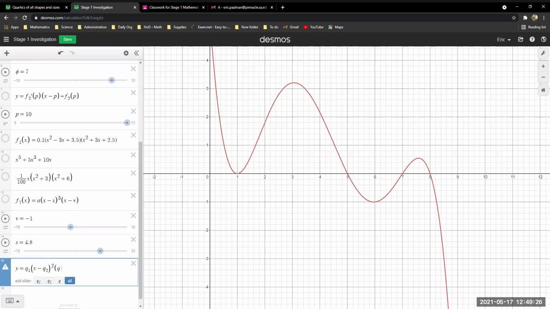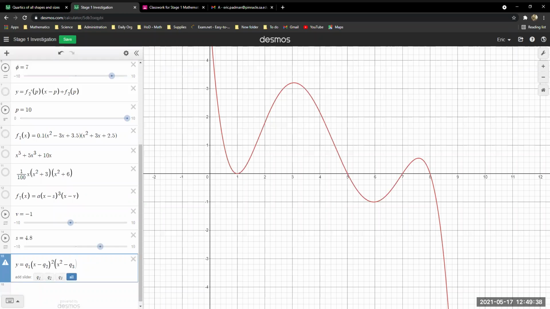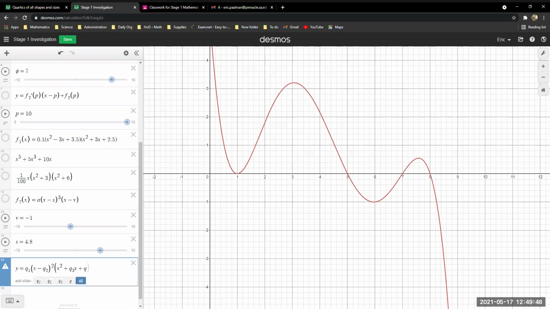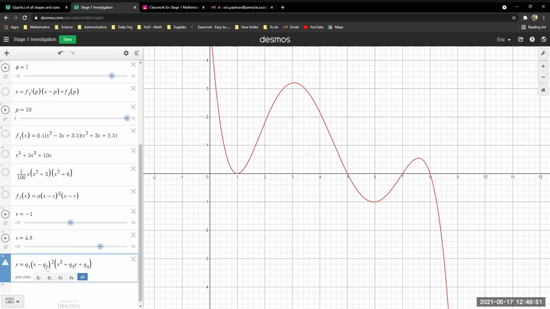You've got to make sure that whatever your numbers are for the rest of these, I'm just going to do x squared minus Q3 x, plus Q4. Okay. So let's put up sliders for all of those.